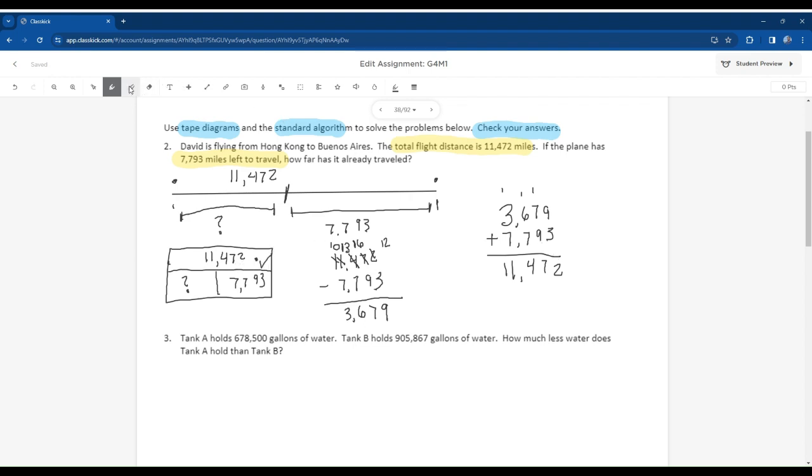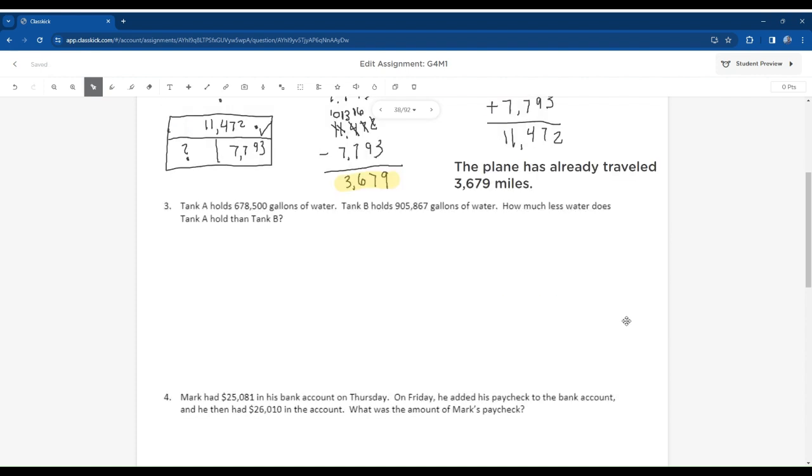That checks. So we know that the plane has already traveled 3,679 miles.